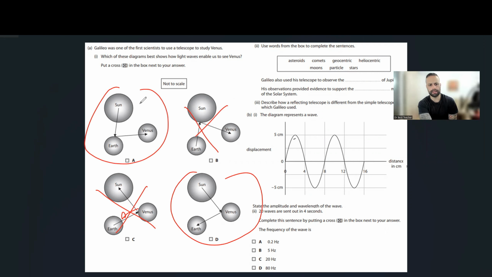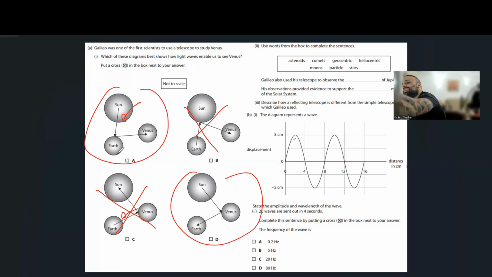But this one is the light going from the Sun to our eyes, which it does, but that's not for us to see Venus. For us to see an object, let's just say this red bone.